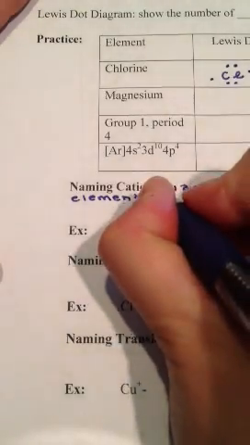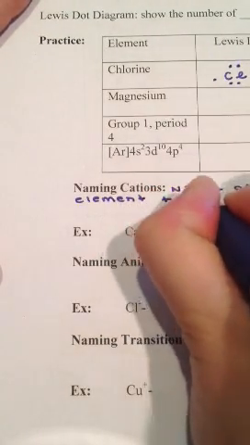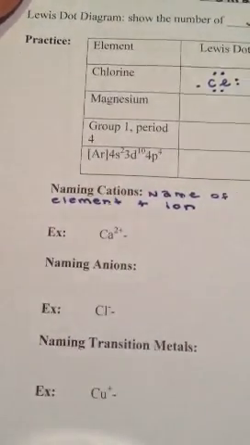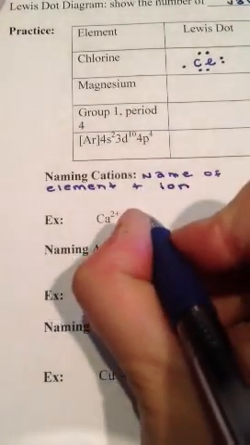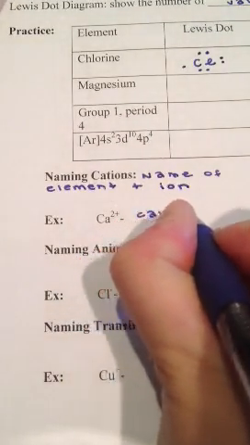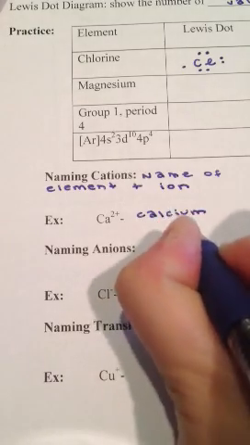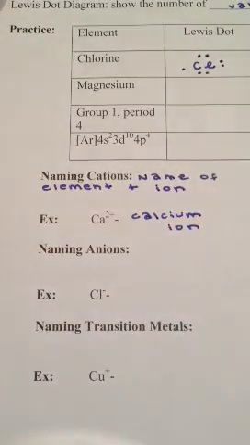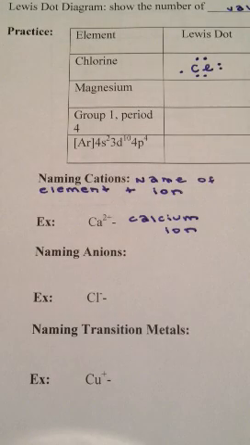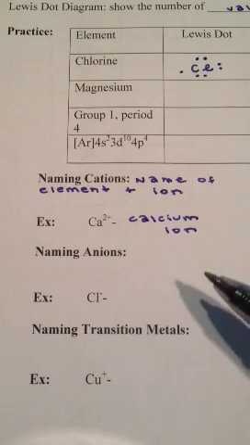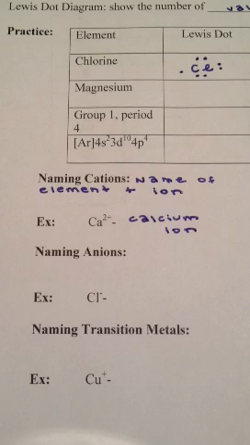So I'm going to just say you add the word ion. For example, if we're looking at calcium, you would just say the calcium ion. So for cations, it's pretty easy. You just say the calcium ion, you're done. It's very clear that you're talking about the cation and not the atom, which has no charge.